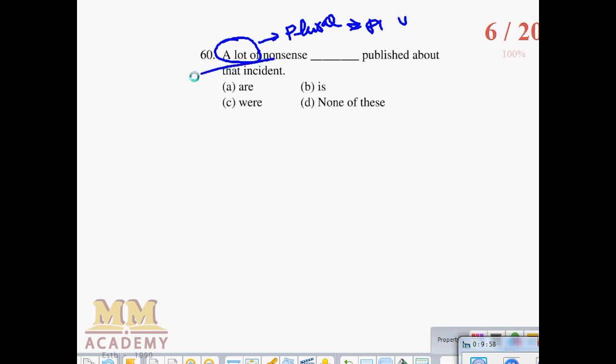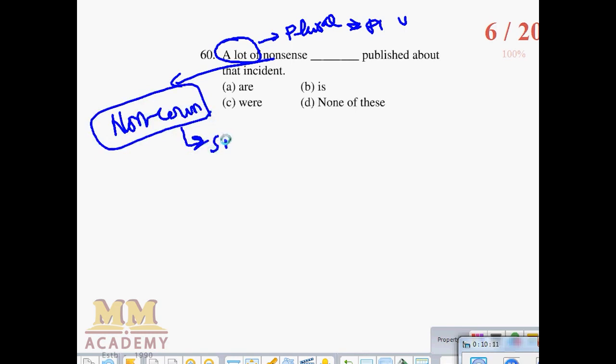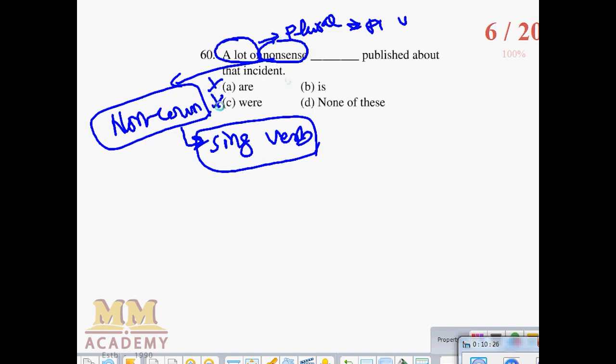But if you get non-countable nouns, uncountable nouns or non-count nouns, again you have to use a singular verb, right? Singular verb after non-count nouns. So nonsense is a non-count noun. A lot of nonsense dash published about that incident. Are, no. Were, no. Is, yes, because it's singular, right?